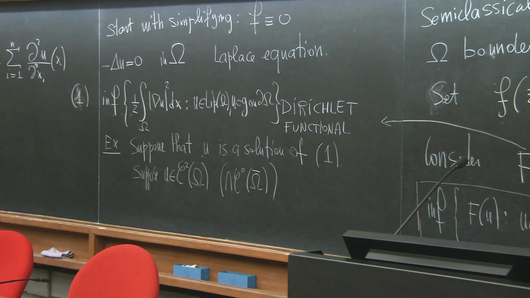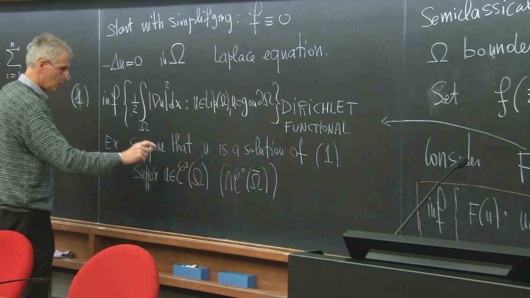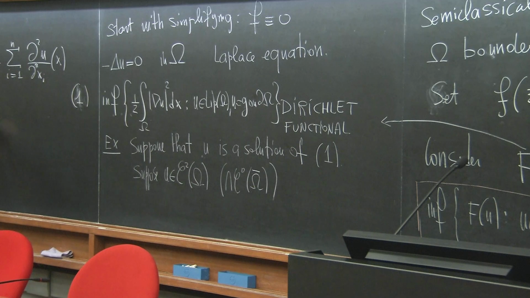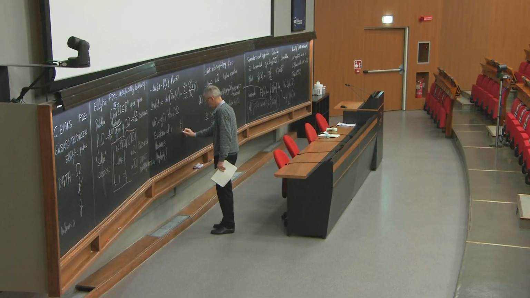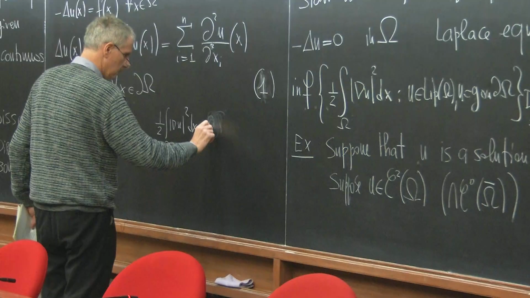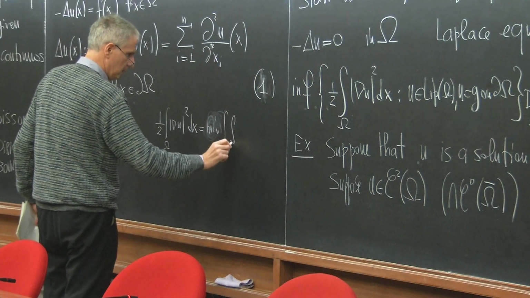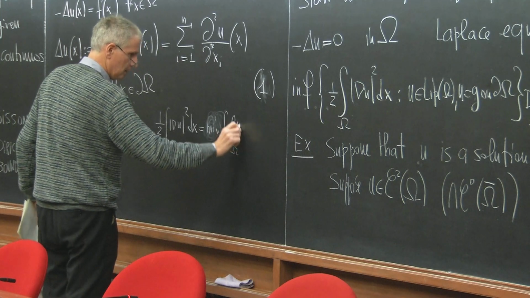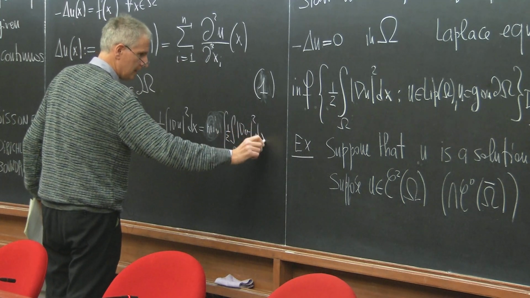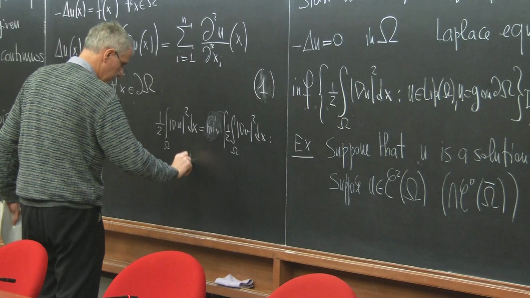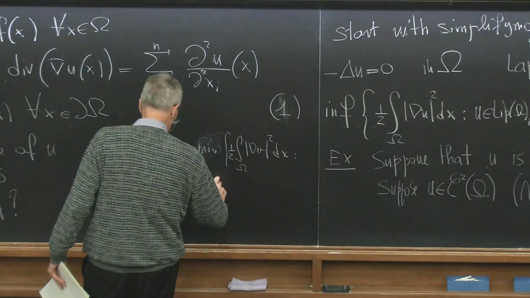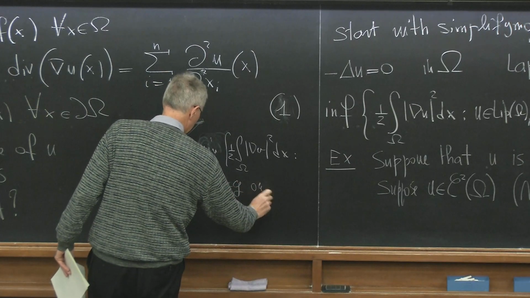I mean that 1/2 integral of grad u squared, for this u here, being a solution means for me that this is equal to the infimum, the minimum, of 1/2 integral of grad v squared dx such that v is in Lipschitz and v equal g on the boundary.